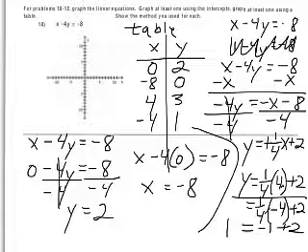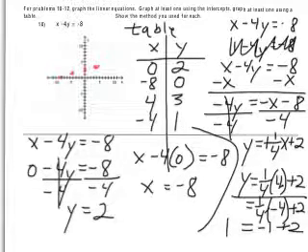Okay, so let's plot all these points and see if they were right. Okay, so I graphed them while you're sleeping. So we have 0, 2, and negative 8, 0 right there. So those are our two intercepts.